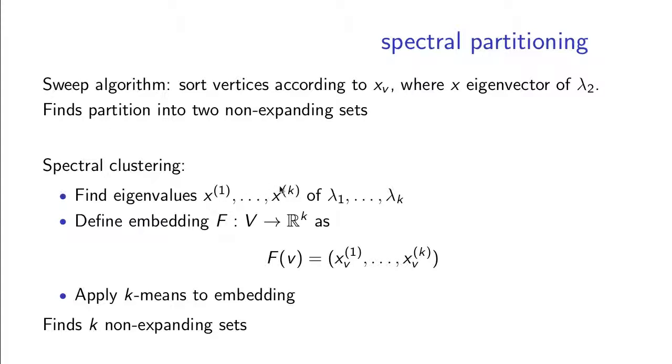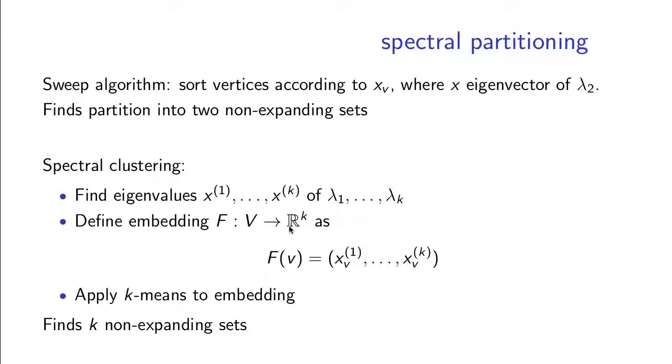So given those k vectors, since each vector is giving us a real number associated to every vertex, the k vectors together are giving us a k-tuple of real numbers associated to every vertex. And we can think of this association as defining a mapping of vertices into a k-dimensional space.